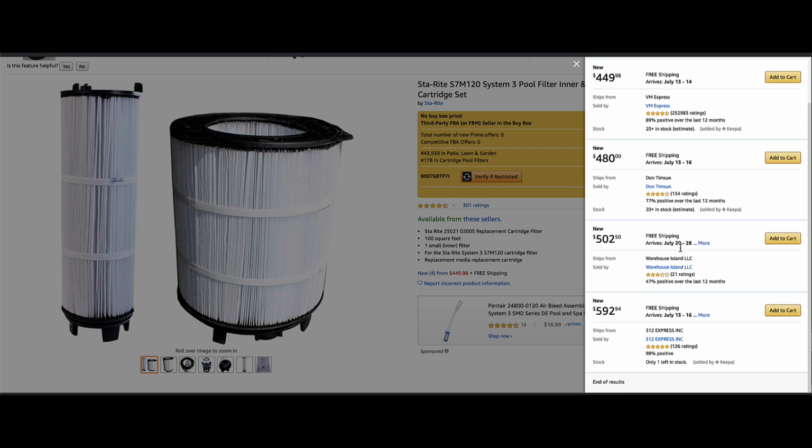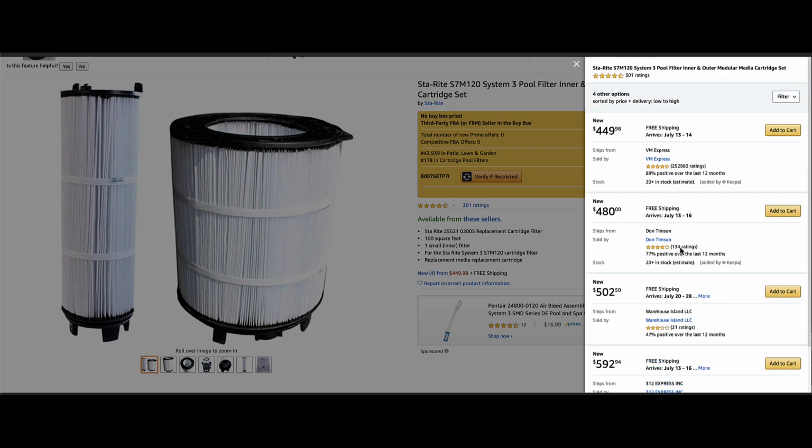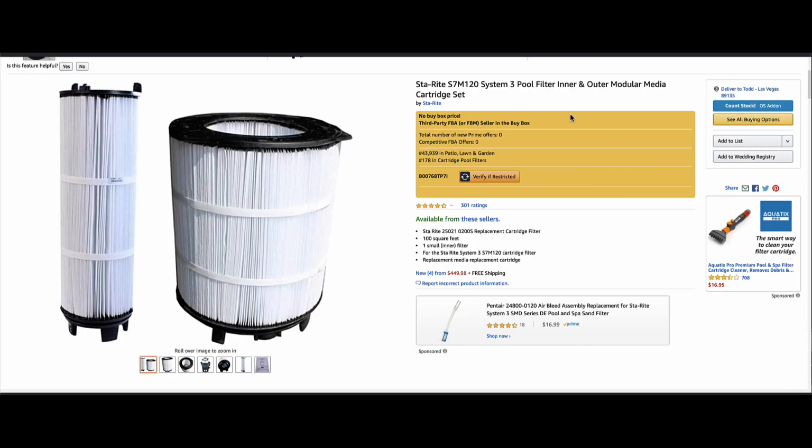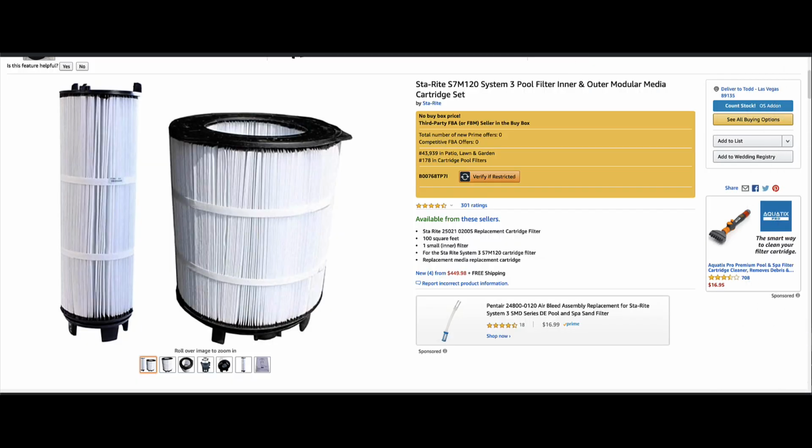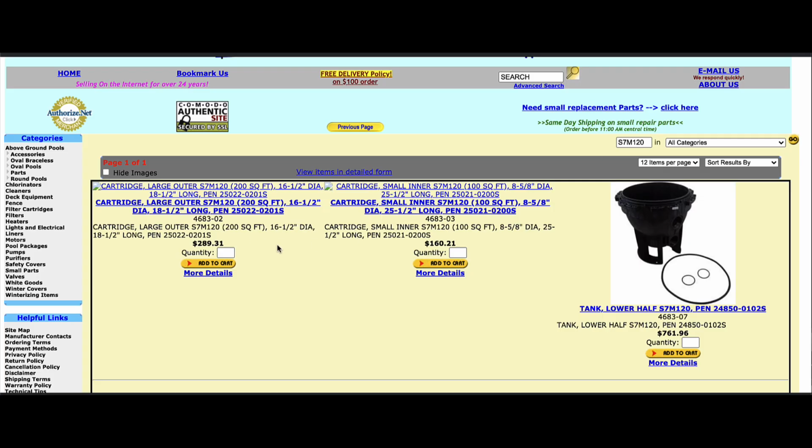And none of them are FBA. That could also be why. All right. So these are selling for what was it? $449. All right, $449 with free shipping. Call it $450. And what's the cost on the 100 square foot one? $160.